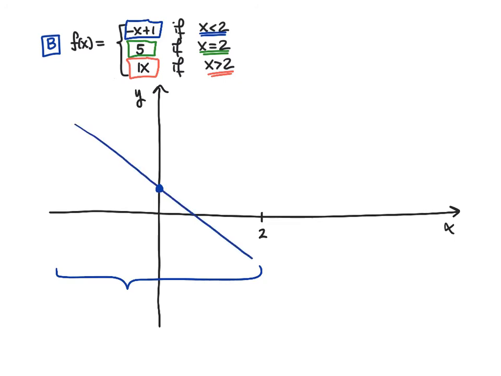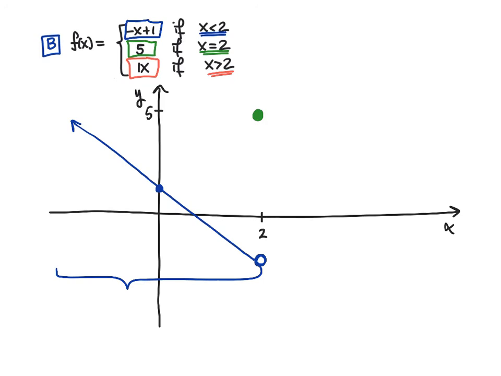So it's going to actually look like this. It'll be a line. And now since x is less than 2 for this blue, I'm going to put an open circle here, meaning that circle is not actually included on this blue line at 2. Because at 2, the graph has a value of 5. So now we have to go way up here to the value 5 and fill in a green circle way up here at the value of 5.